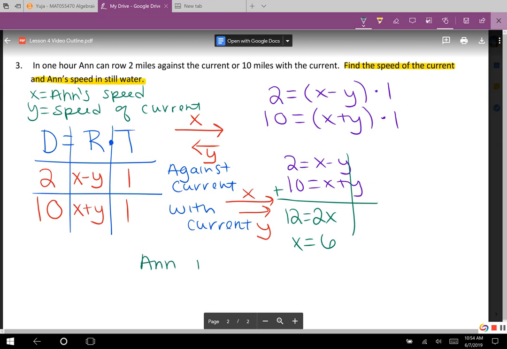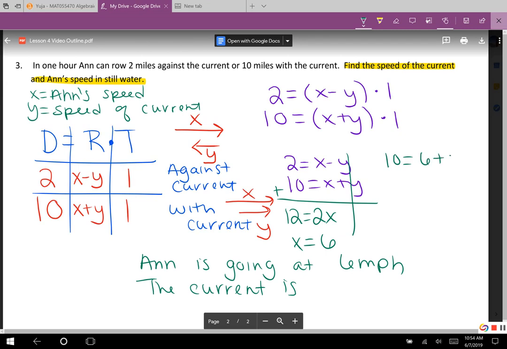And then y was the current, so I can take my x equals 6 and plug it into either equation. I'll just plug it into the second one. So if 10 is 6 plus y, y has to be 4. So that means our current is 4 miles per hour.